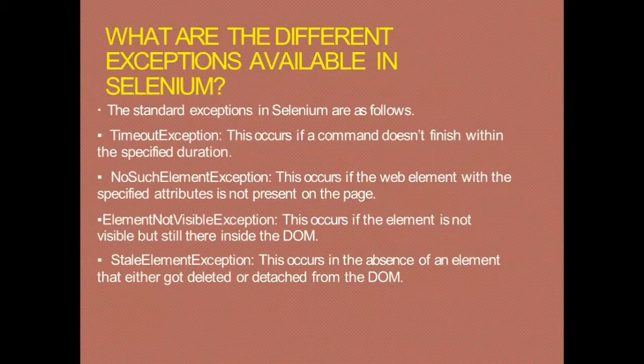NoSuchElementException occurs if a web element with the specified attributes is not present on the page. ElementNotVisibleException occurs if an element is not visible but still there inside the DOM. StaleElementException occurs in the absence of an element that either got deleted or detached from the DOM.